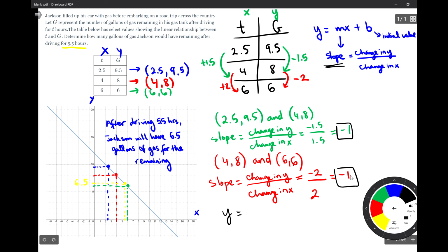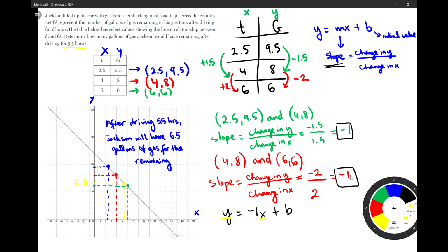So instead of m, I have negative 1, and then x plus b. So the next step I need to do is find the b value. I also noticed that the x and y right here mean I can pick any point from the table to replace x and y in this equation.